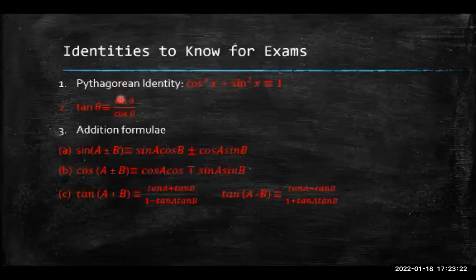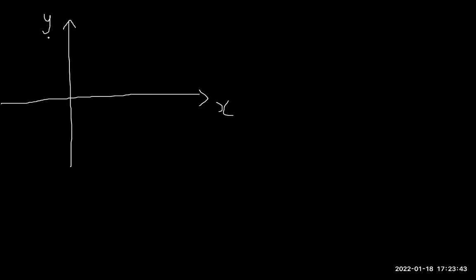Tan theta is the same as sine theta on cos theta. But the question is, how exactly did they come up with that? Did it just appear out of nowhere? No, it did not. So like I said, my triangle, right? This is a Cartesian plane, y-axis, x-axis.